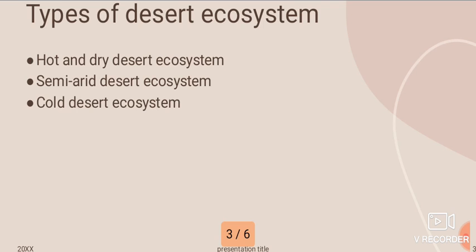Lastly, we have cold desert ecosystem, which has abundant rainfall through the winter and less in summer.